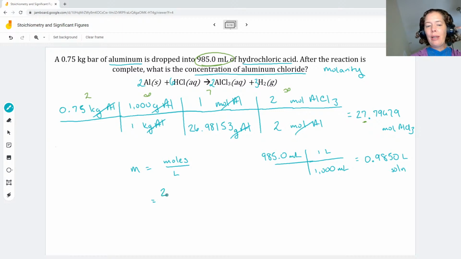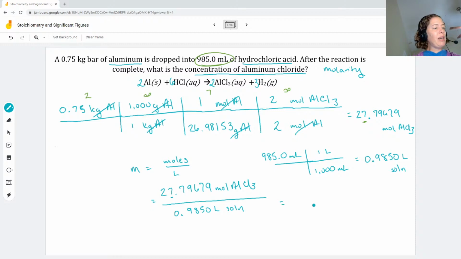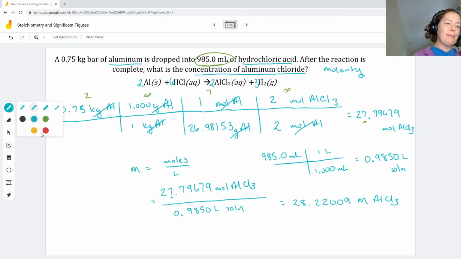So I'm going to put in my moles. Again, I'm keeping all of these decimal places for now, but I'm also going to give myself my little line there to remember, and then my liters of solution. Okay, and then this is going to give me my concentration, which again, written with lots of decimal places, of aluminum chloride.